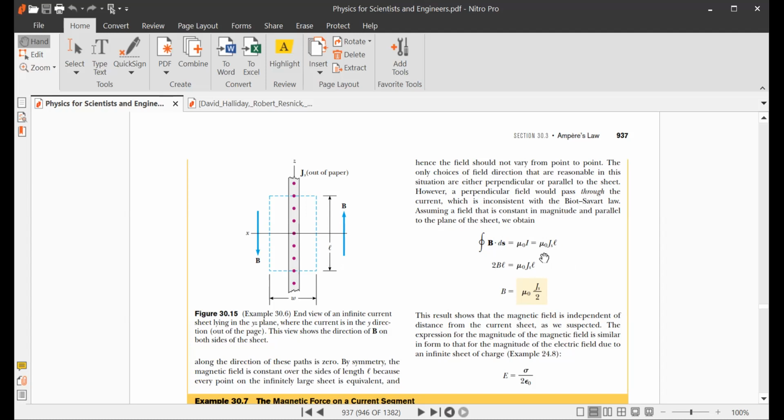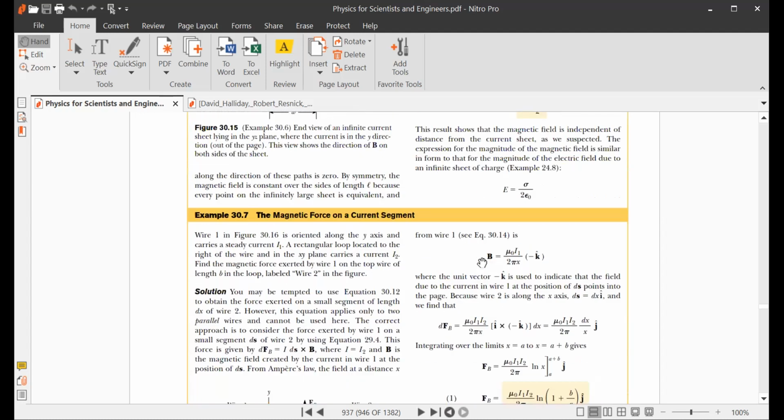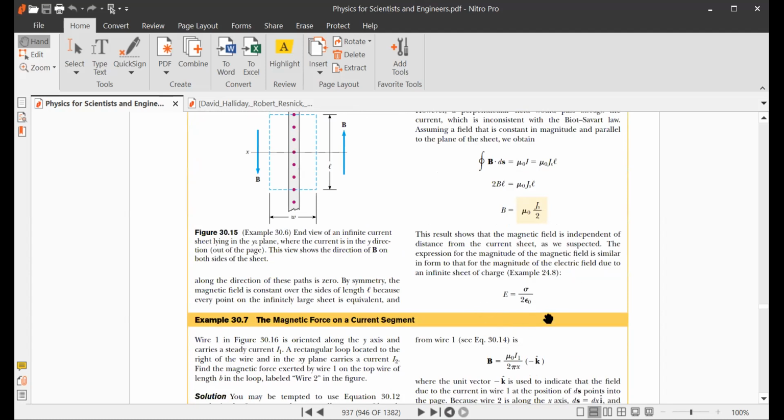I enclosed is Js times L. We suppose this to be L, and then B is mu 0 Js over 2. It is similar to the electric field around an infinite sheet or plate, in which the plate has a charge density per area.